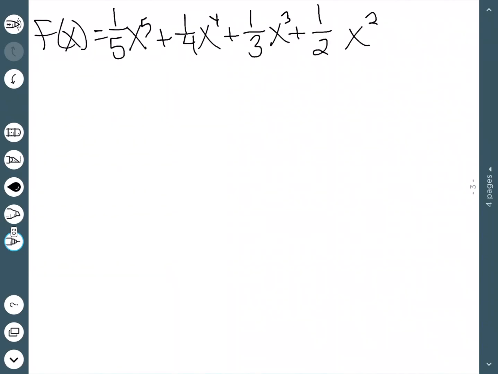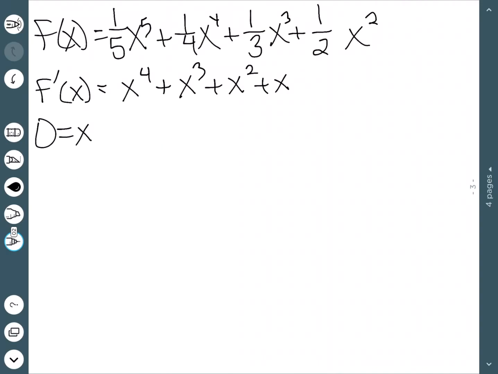F of x equal to 1/5 x to the 5th plus 1/4 x to the 4th plus 1/3 x cubed plus 1/2 x squared. When we take our derivative, we end up with x to the 4th plus x cubed plus x squared plus x. We can factor out an x. That gives us x cubed plus x squared plus x plus 1.